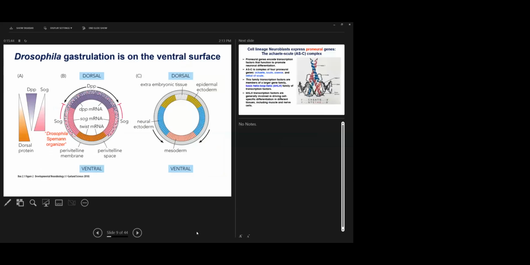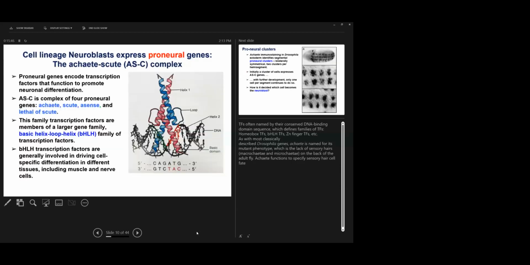So the next question is, what is there in the neuroblast cell which is specifying or generating the neuron? The neuroblast cells express pro-neural genes. There are a lot of genes expressed in the neuroblast.